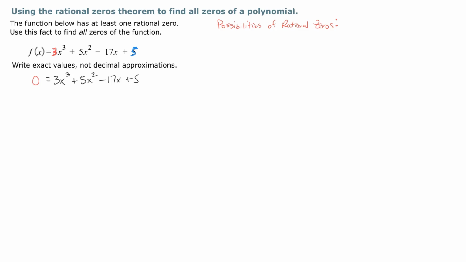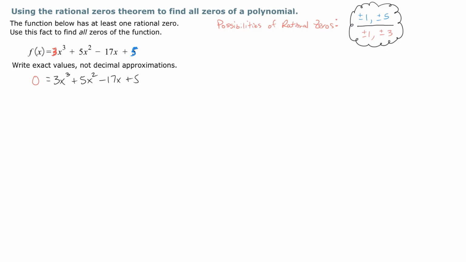The theorem says they would have the form plus or minus 1, plus or minus 5 over the factors of 3. Factors of 3 would be plus or minus 1, plus or minus 3. So if there is a rational zero, it will take one of those forms.